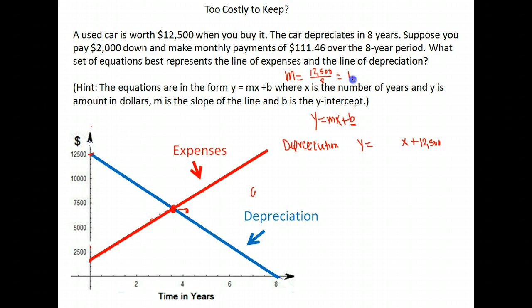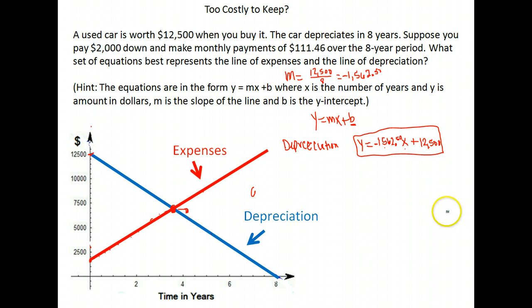When I do that, I get $1,562.50. It's negative because the value is going down. So negative $1,562.50. This is what my depreciation equation looks like. It's going down this amount each year, and it started at $12,500.